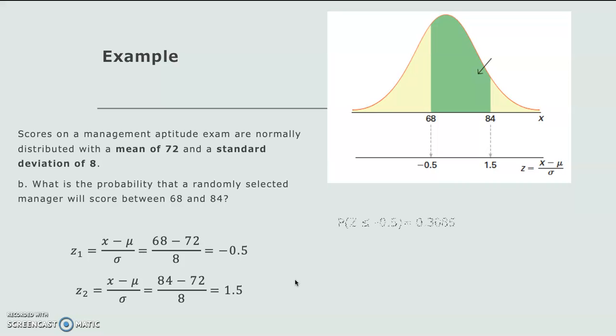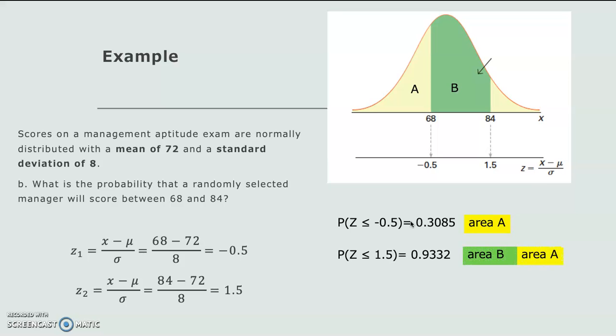From the table, the probability that z is smaller than minus 0.5 is 0.3085. This probability is equal to area A, or the yellow shaded area. And the probability that z is smaller than 1.5 is 0.9332, or area A plus area B.